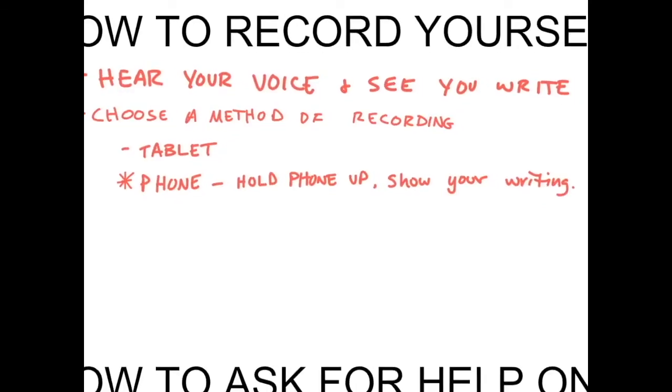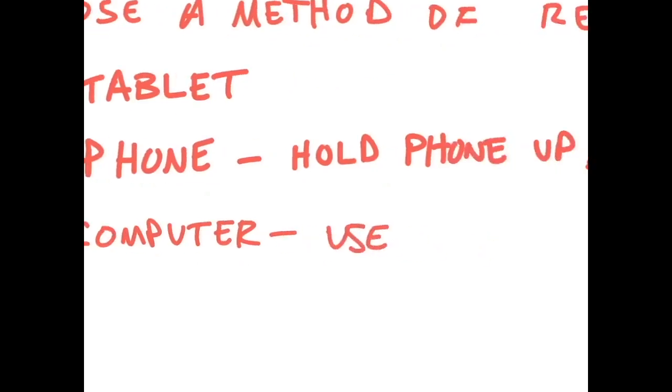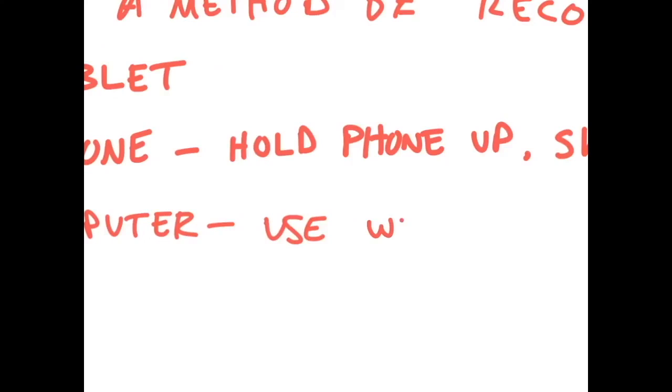The other thing that you can do is use your computer. Your computer has a webcam, so you can use your webcam and a whiteboard. I'm noticing that some of you have already taken one of my classes, and you're familiar with that process.